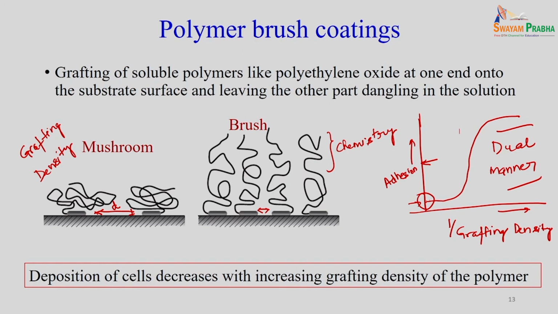So, here the deposition of the cell decreases with increase in the grafting density. So, depending on the grafting density of that polymer brushes, we can tune the bacterial adhesion or biofilm formation.